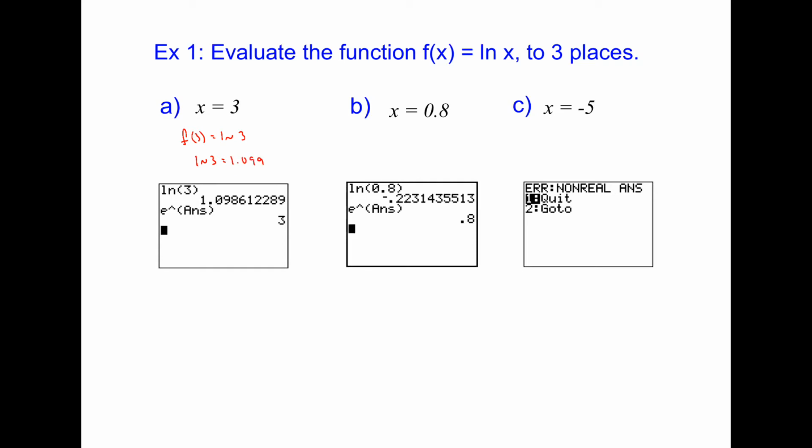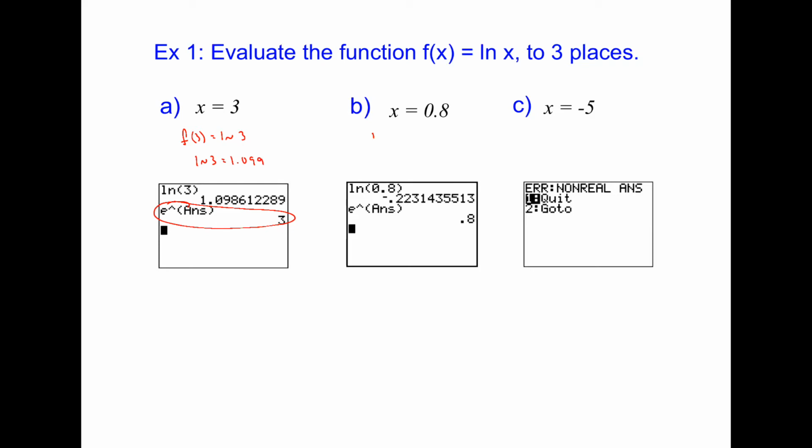Now you can also see below that I used the inverse, so I said e raised to that value, 1.0986, should be equal to that input value of the natural log, which is 3. So once again, just checking to make sure each of those are correct.